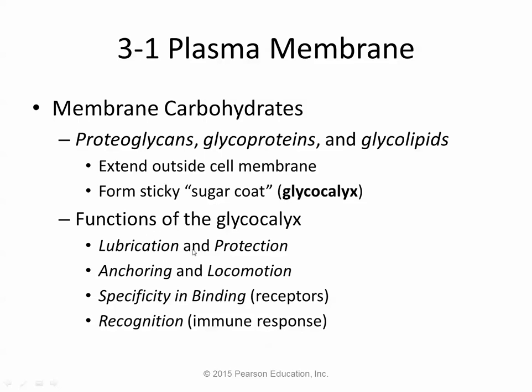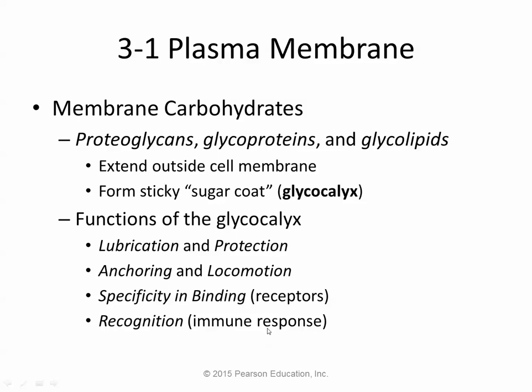For example, it lubricates and protects the cells as well, so that things can slide over it pretty easily. And it also helps in anchoring and locomotion. There is specificity in binding. For example, some of those little carbohydrates sticking up act as receptors, and some of them act as little flags that alert the immune system as to the status of the cells.